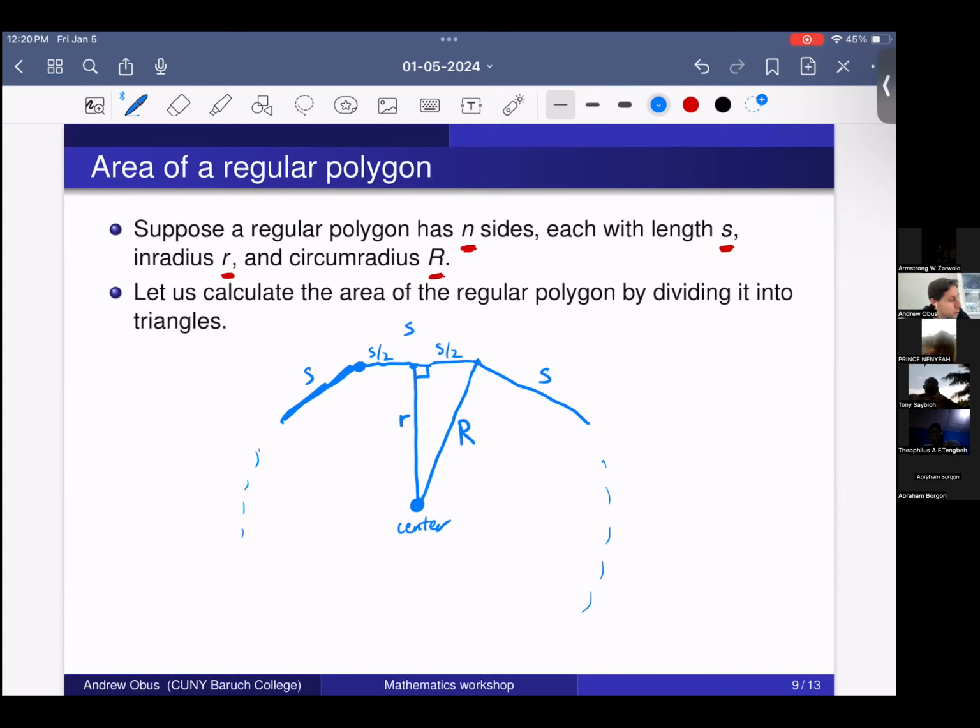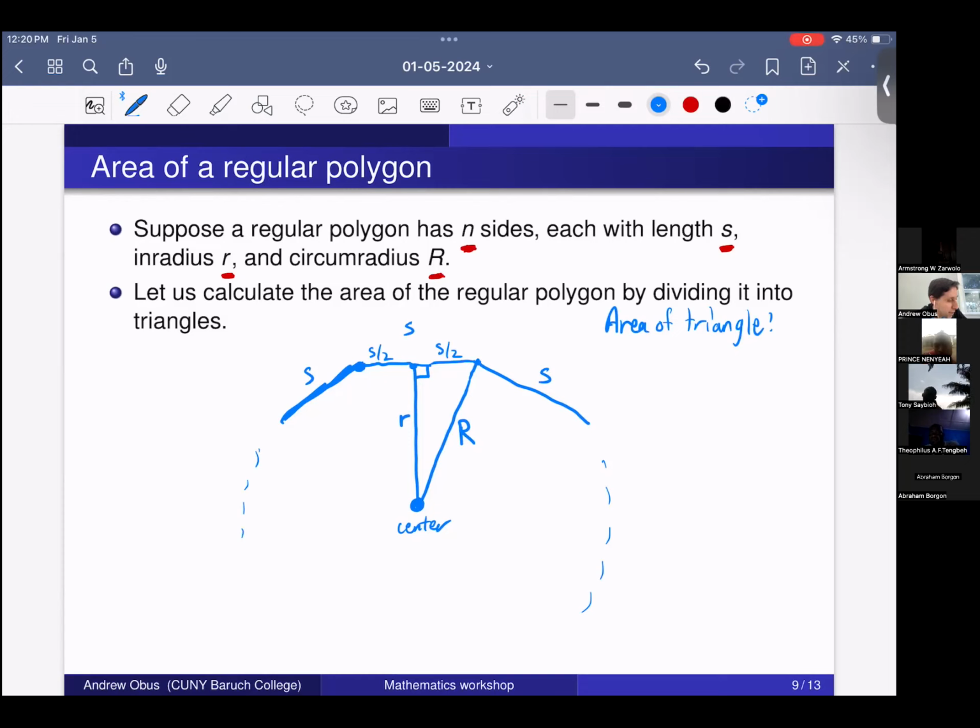Okay. So what's the area of the triangle here? We recall the formula A equals 1/2 b times h, which is the area of the triangle. So in this case, in terms of r and s, what would we get?